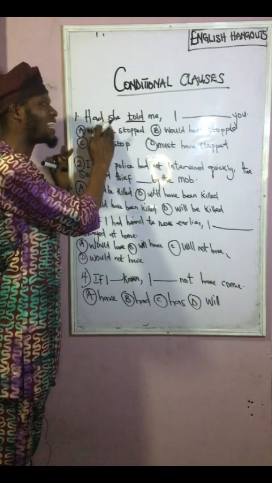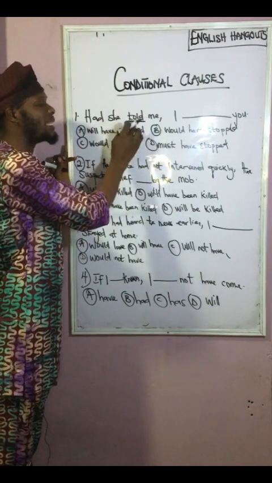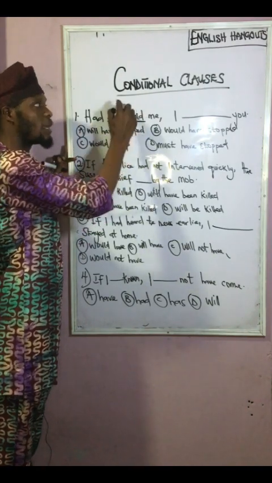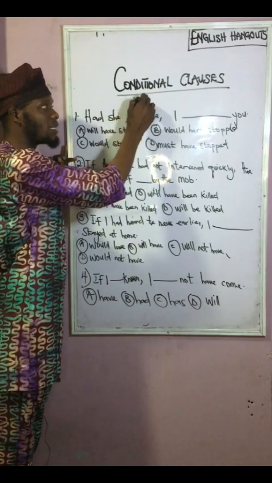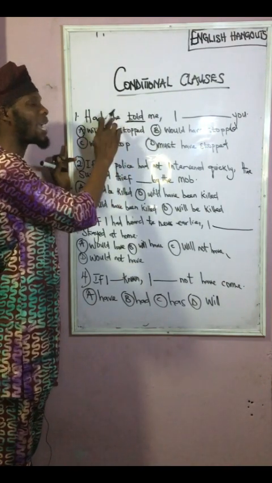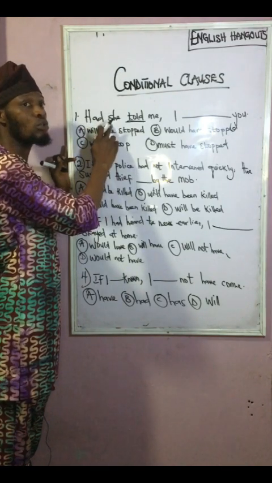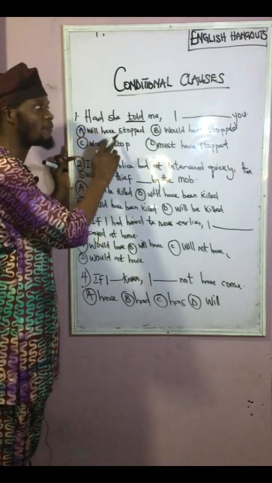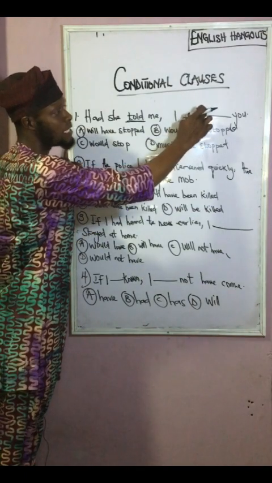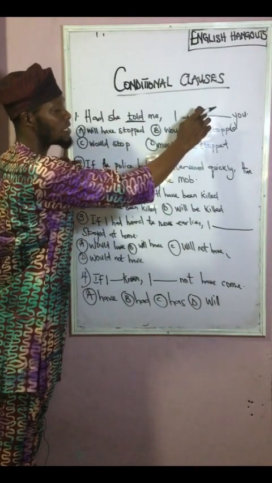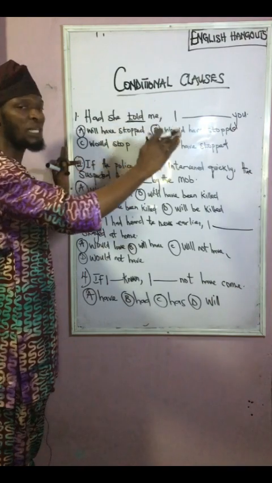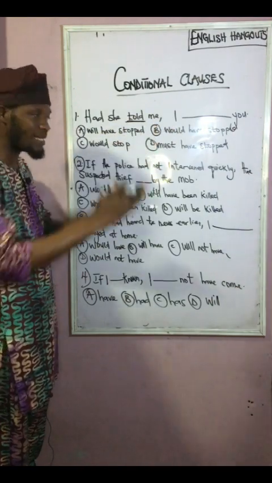Here we have had she told me. Told is a past tense; the present form is tell. This shows that this expression is an unreal condition. Therefore, the verb that must complete this clause should be in the past tense.